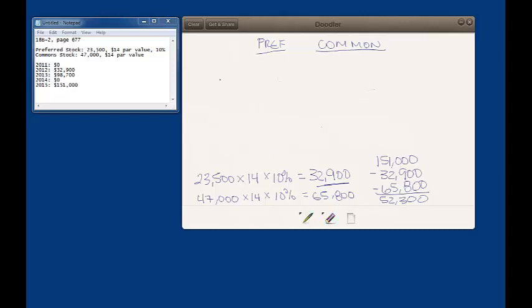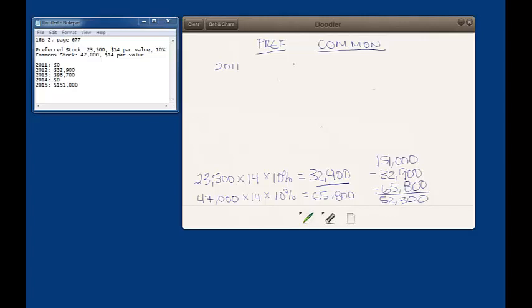Okay, so we have situation number 2. The preferred stock is cumulative and non-participating. Okay, 2011. The company didn't declare any dividends. So no dividends went to preferred or common stockholders.